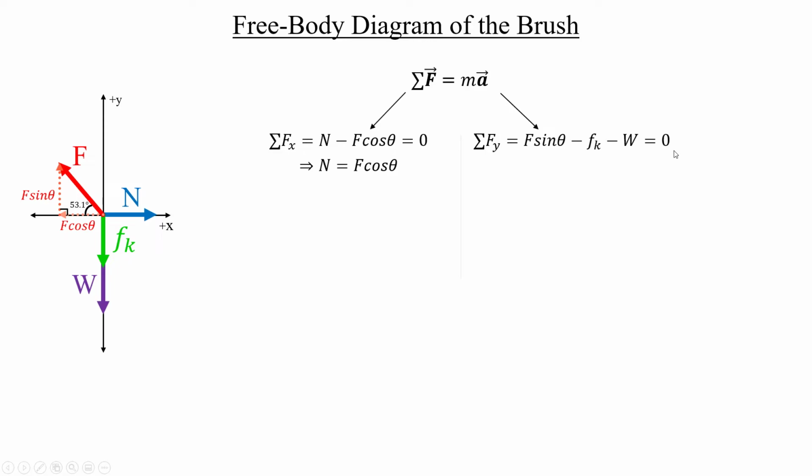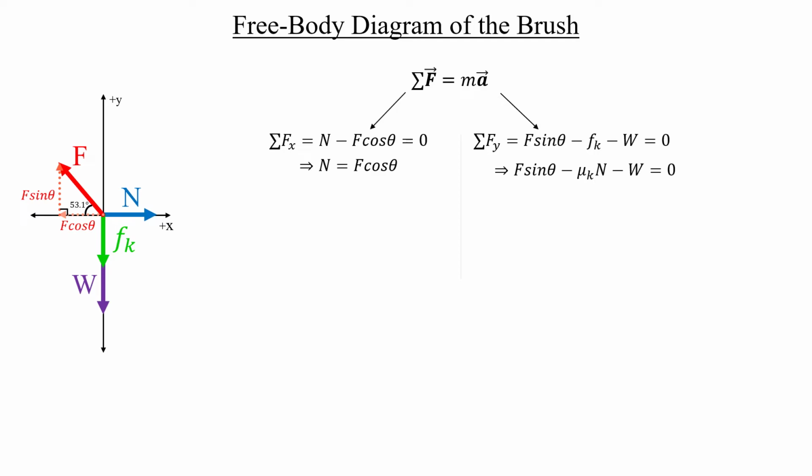Recall the velocity as the brush moves up on the vertical window is constant, so the acceleration is 0 in that direction. So that's why this is 0 here. We can exchange the force of kinetic friction for the coefficient of kinetic friction multiplied by the normal force that we're used to. So that will be that next step there.